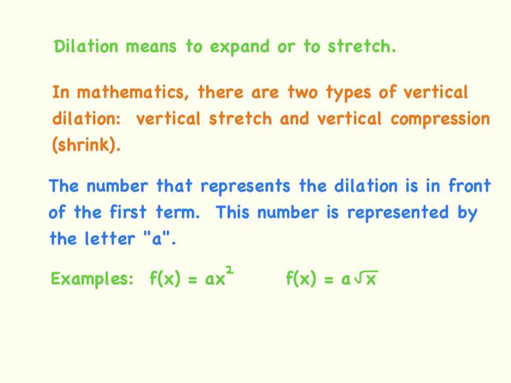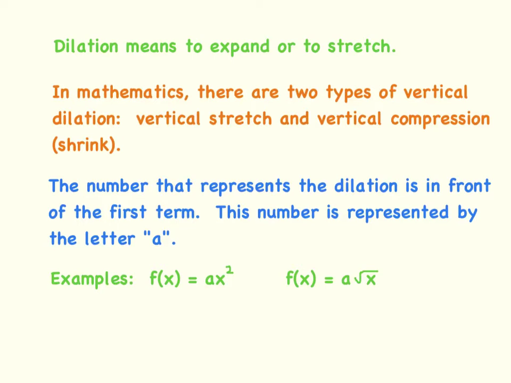Now let's talk about what it looks like in the equation. The number that represents the dilation is in front of the first term. This number is represented by the letter A. And if you'll notice, I have a couple of examples. My first example is of the quadratic parent function, and we've put the A in front of it, and so now we know there's going to be a dilation.